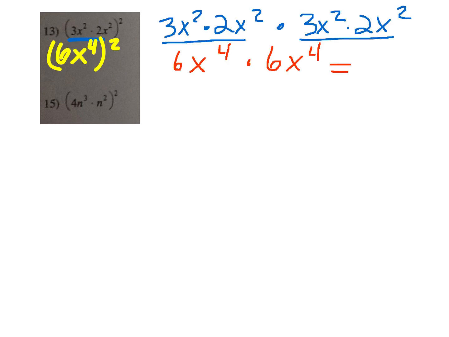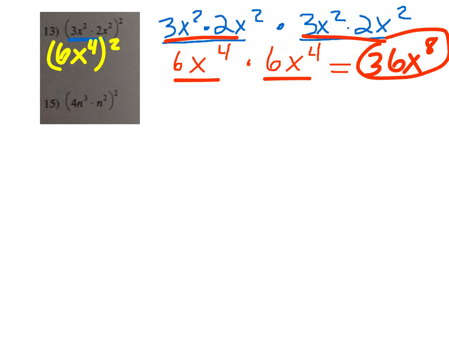If I did write it out, I'd have 2 of these, or if I simplify them, I'd have 2 of those. So it's 36x to the 8th. Now if I do it by the rule, I would take this 2 and I would have 6 squared, because that's to the first power for the 6, and then x to the 2 times 4 is 8. So that would equal 36x to the 8th power.